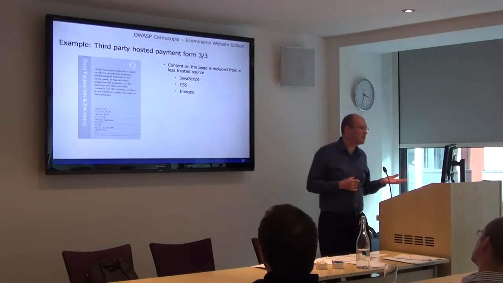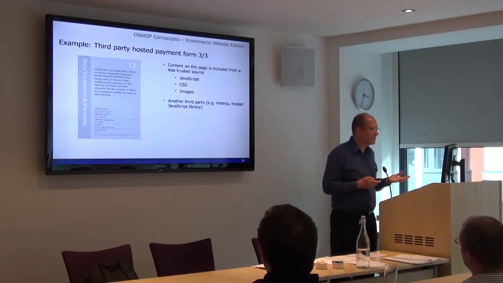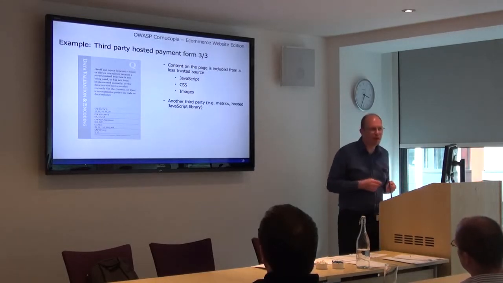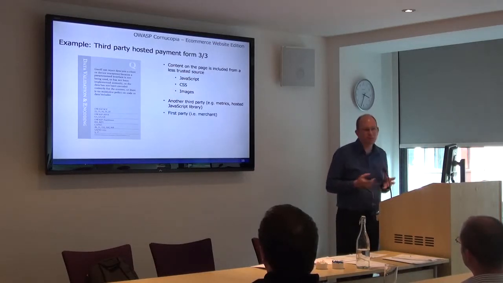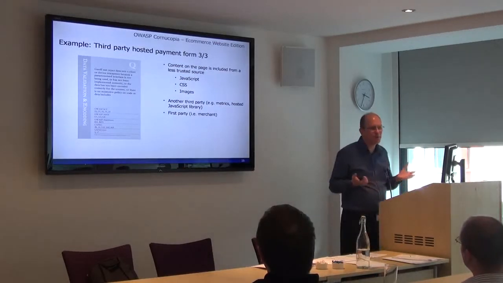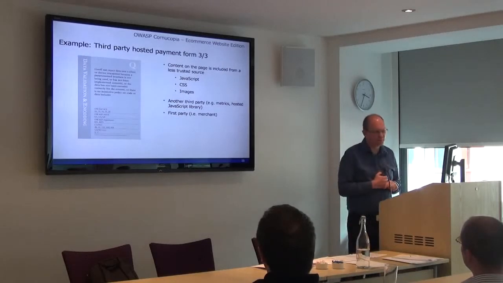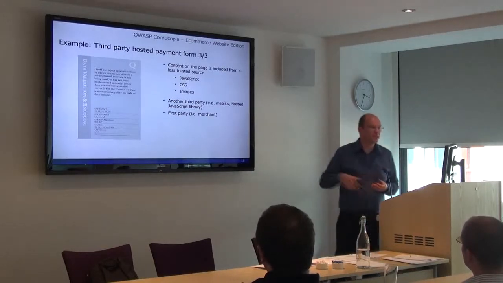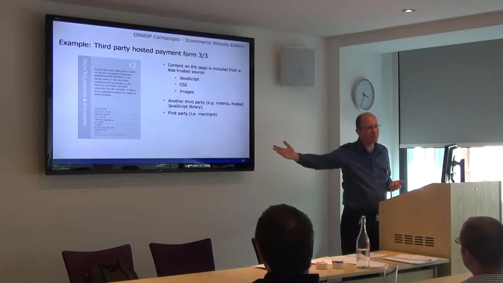And they might be sourced from a less trusted location, such as people putting in metrics, or including some JavaScript library from some other site. But interestingly, most commonly they'll include content from their own website, like the logo, or a style sheet, or the JavaScript. So these things also have some degree of control over the hosted payment page.